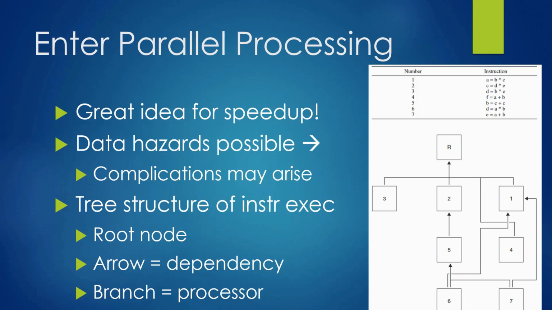They both depend on instruction 5, the b equals c plus c, because both instructions 6 and 7 require b in their operations. And because they both require 5, they have to execute only after 5 executes, which also requires 2. And because 2 is operating in the first iteration, we are stuck with 6 and 7 being forced to execute no earlier than the 3rd iteration.